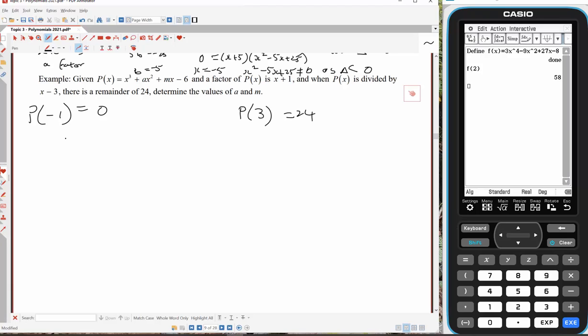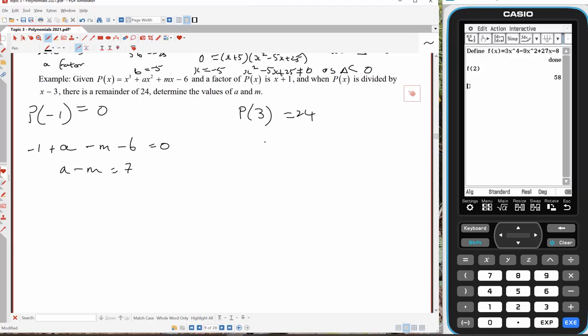Now that I know this, what I'm going to do is use these ideas to form my two equations. So I'm going to drop negative 1 into the function. So negative 1 plus a, take away m, take away 6, equals 0. A take m equals 7. Negative 6, take another 1 is negative 7, add 7 to both sides.